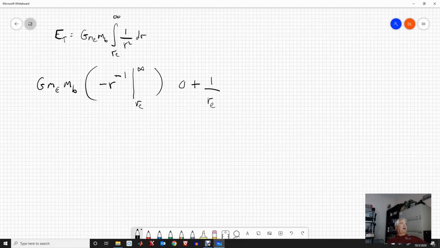If we multiply it times G, ME, MB, we get that the total energy is equal to the gravitational constant, mass of the Earth, mass of the ball, divided by the radius of the Earth. Pretty simple.